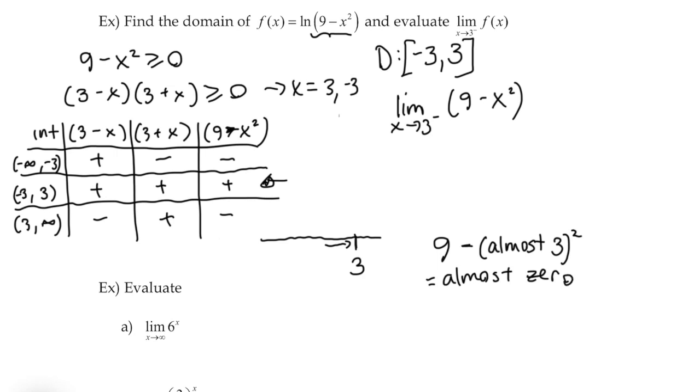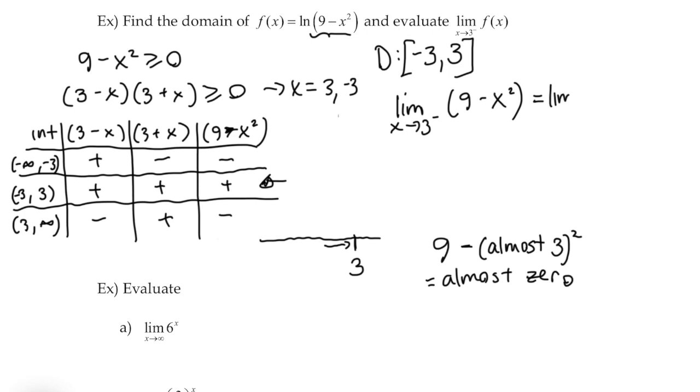It's a very small positive number. So this is going to be the limit as x approaches 3 from the left of log base 3 of a very small positive number.